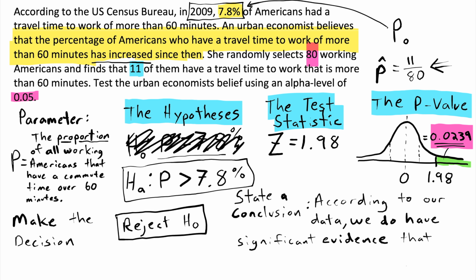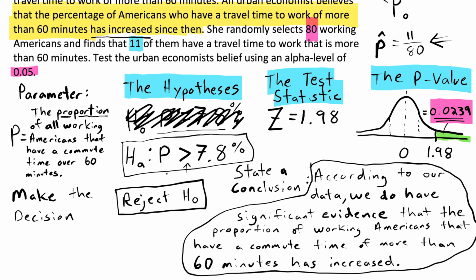Interestingly, when we state our conclusion that we think commute times have increased, we could be wrong because we're making a statement about a very hard to know thing. We're making a statement about all working Americans. And our data says that this proportion has gone up, but there's a chance that it didn't. You could always be wrong, but statistics is all about using the data that we had to make the best conclusion that we possibly can. And that's what a hypothesis test does.